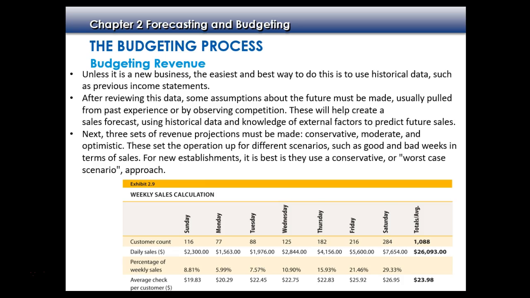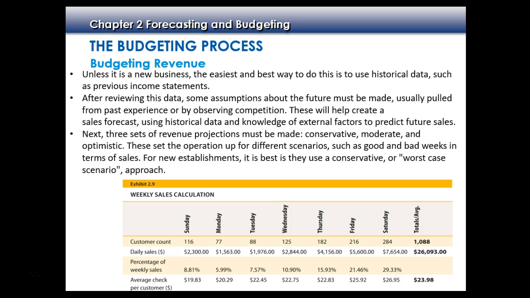So down here we have the sales forecast. As they call it here, I think they call it 2 different things in the book: the weekly sales calculation, also the sales forecast. So you're taking the budget of what you have for 1 week and breaking it down into days according to what you've seen in the restaurant, what your history has done.